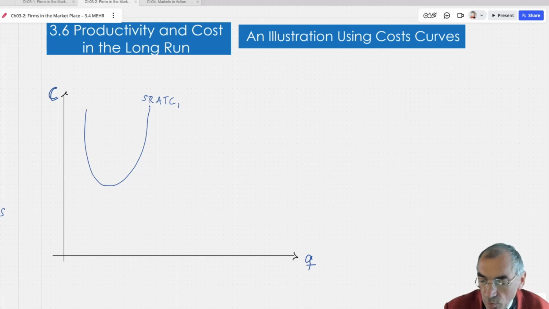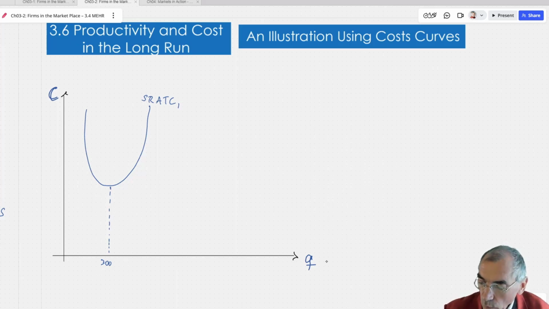Short run average total cost 1, and that means that our pizzeria, if we go down here, we can see they might be able to produce 500 pizza an evening, or let's say 300 pizza an evening with that cost structure, because we heard they are not going to produce in other situations, and they have, of course, to compare this with the market price, but that's what we look at here.